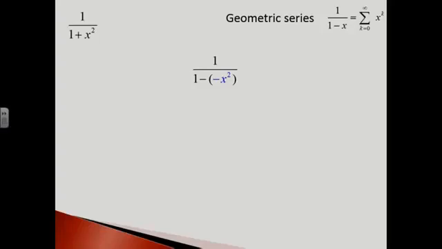Therefore, by replacing x by minus x squared, we obtain sigma of minus x squared to the power of k. Separating the coefficient and the power parts, we get sigma of minus 1 to the power of k, x to the power of 2k.